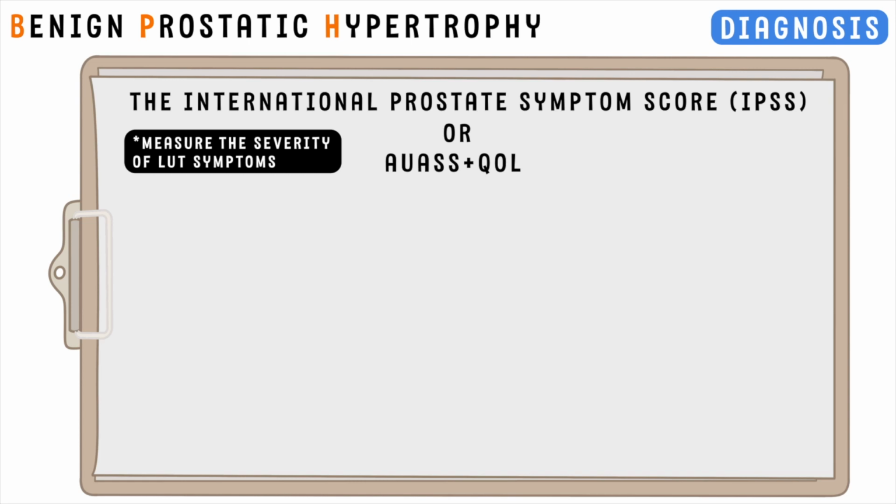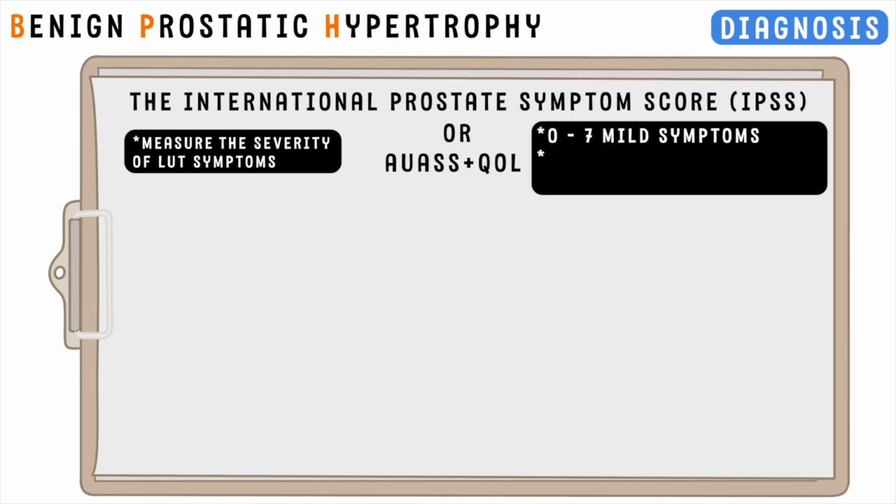The IPSS is made up of 7 questions related to voiding symptoms. A score of 0 to 7 indicates mild symptoms, 8 to 19 indicates moderate symptoms, and 20 to 35 indicates severe symptoms. It is not a reliable diagnostic tool for lower urinary tract symptoms suggestive of BPH, but can be used to quantitatively measure LUTS after a diagnosis is made.